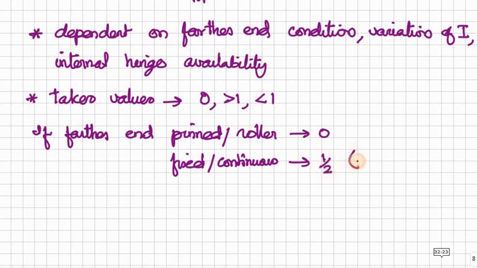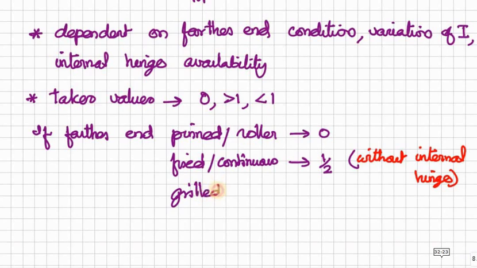The extra condition is there should not be any internal hinge. Then if the far end is a guided roller, this is negative, minus 1. That is, moment will be induced in the opposite direction.